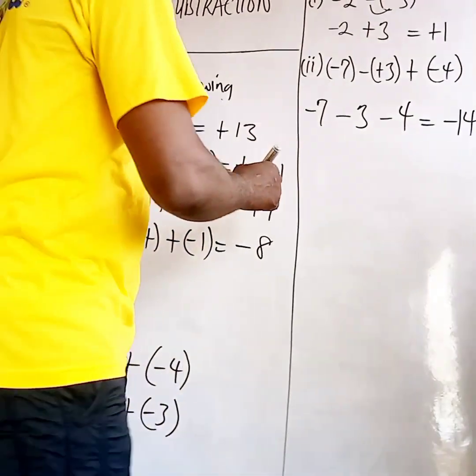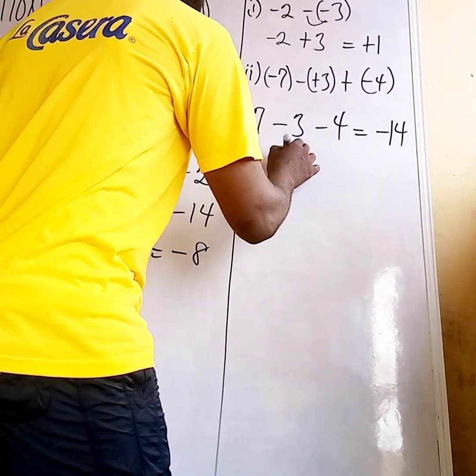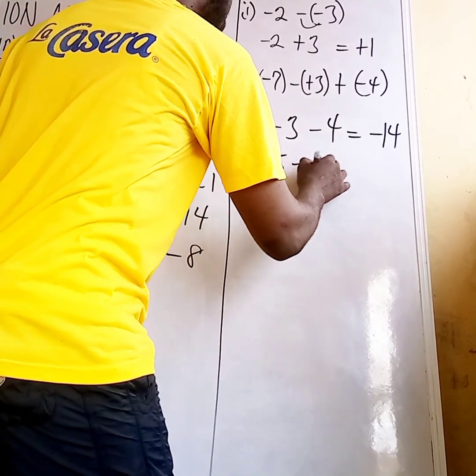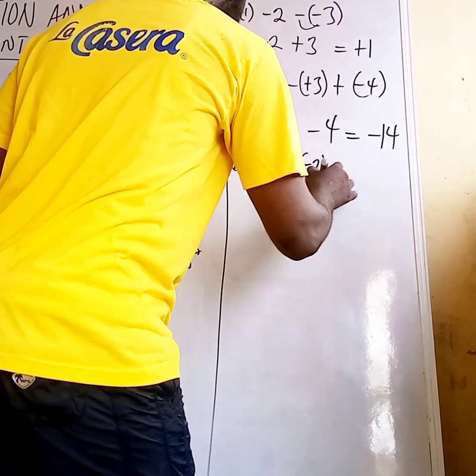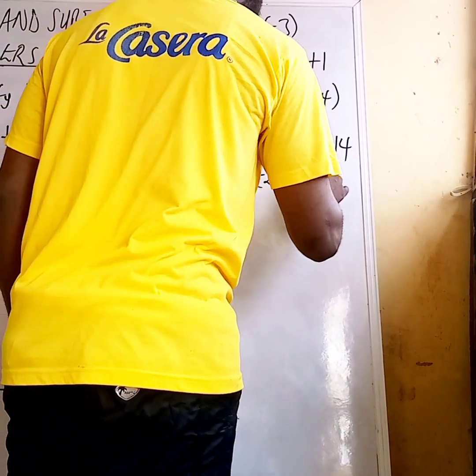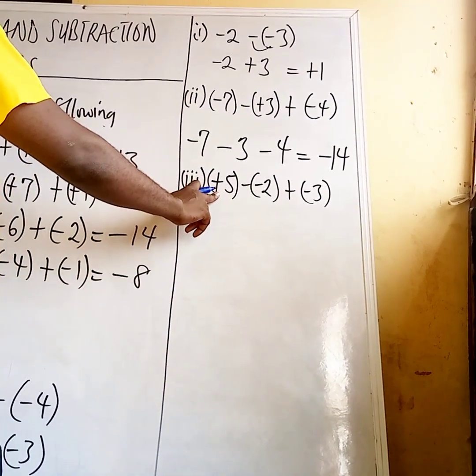The third one again, here we have plus 5 minus 2 plus minus 3. This 5 is positive.